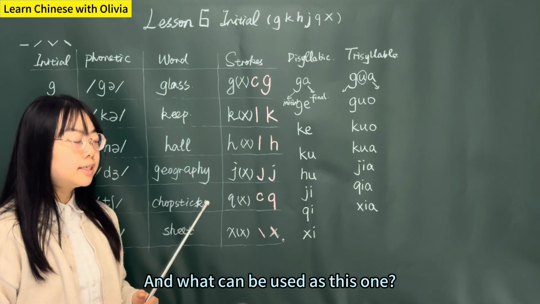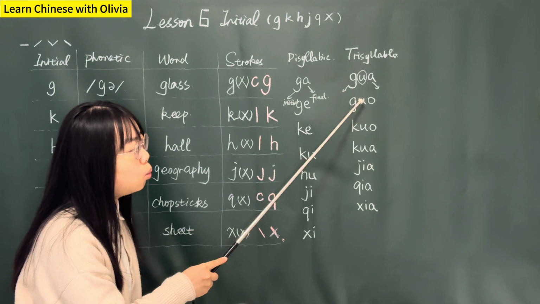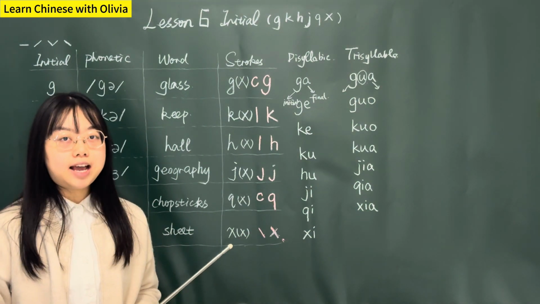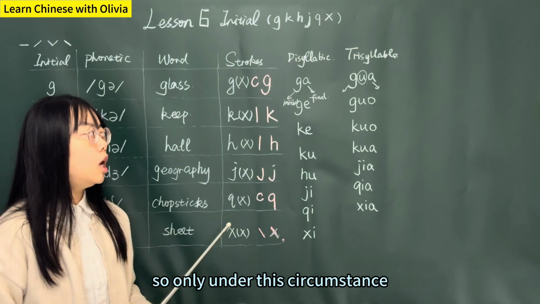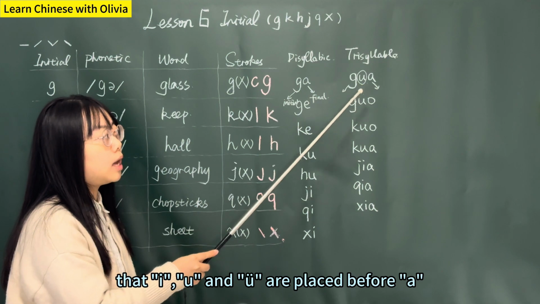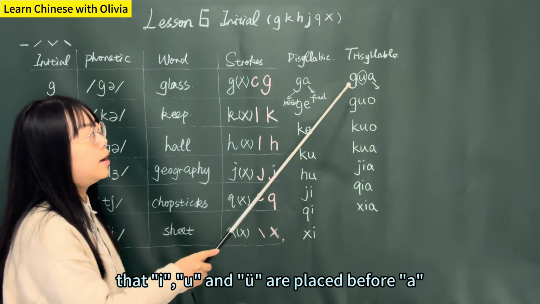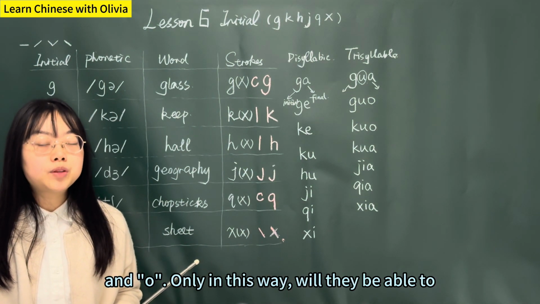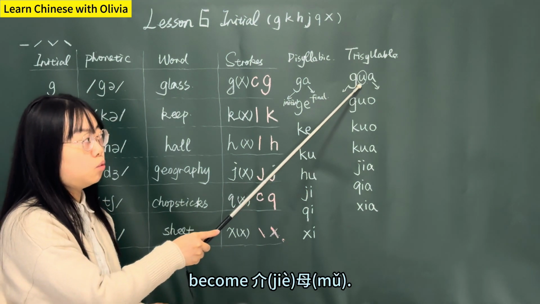And what can be used as this one? E, right? Yeah, so only under this circumstance that the e, u placed before a and o, only in this way will they be able to become 介母.